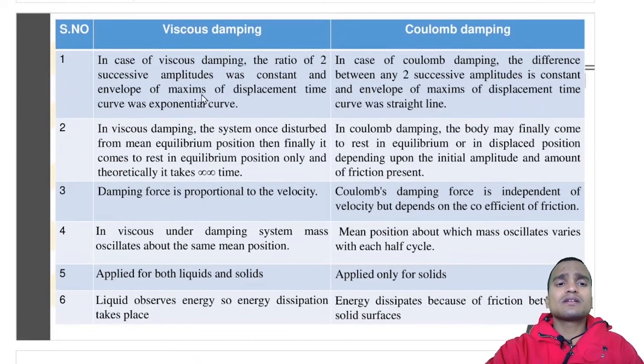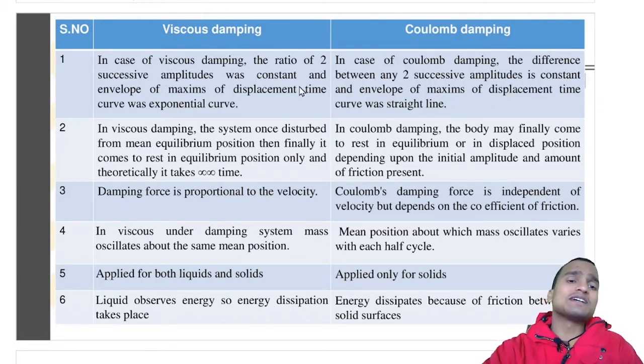So let's start. In case of viscous damping, the ratio of two successive amplitudes is constant, and the envelope of maxima of the displacement-time curve is an exponential curve. Whereas in case of Coulomb damping, the difference between any two successive amplitudes is constant and the envelope of maxima of the displacement-time curve is a straight line.